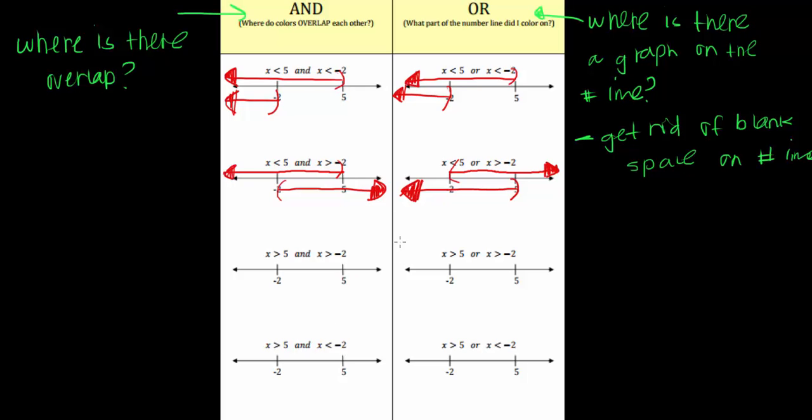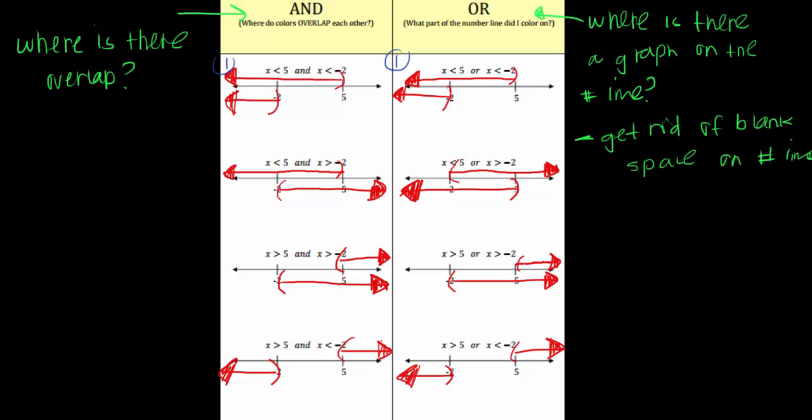So x is greater than 5 and x is greater than -2. And then for my last set of inequalities, I have x is greater than 5 and x is less than -2.